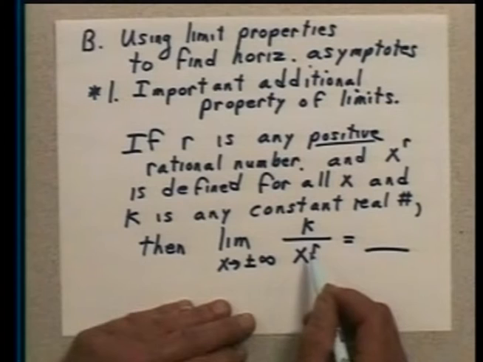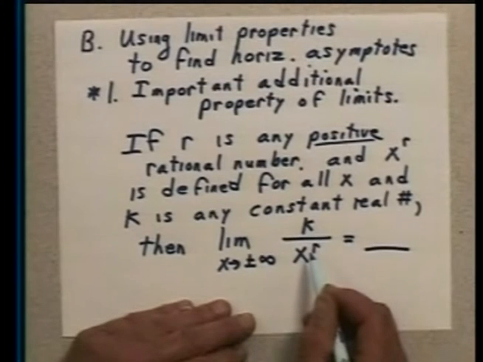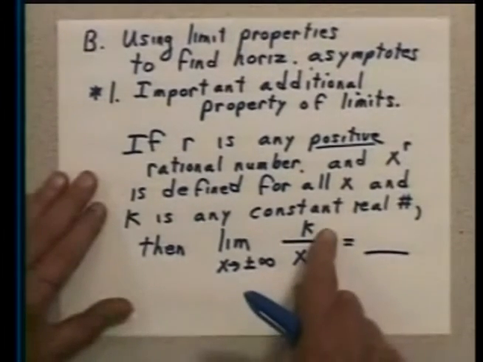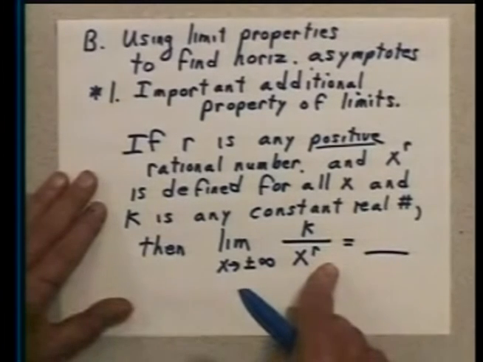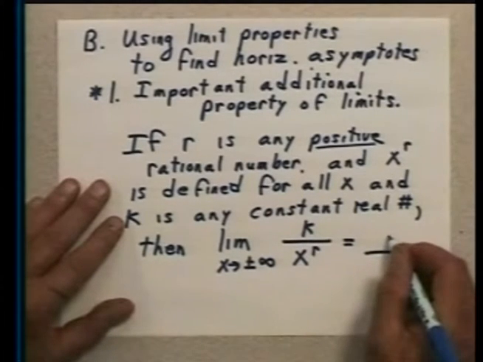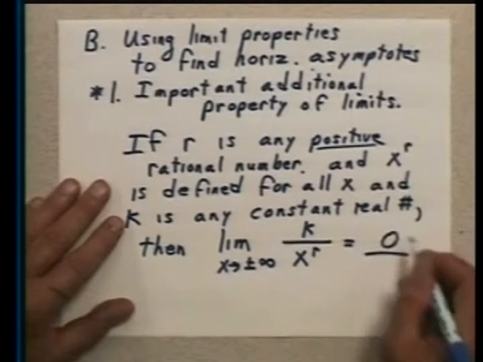Increasing? Getting bigger? Yes. If it's a positive rational number, then the denominator is growing. What happens to a fraction when the top never changes and the bottom gets bigger, bigger, bigger? Closer to 0. It's getting smaller and smaller, isn't it? So every limit of this type has to have an answer of 0, right?